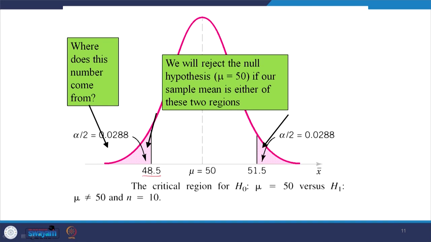What is the probability of the sample mean to lie below 48.5, plus the probability of the sample mean to lie above 51.5? When you add that, the corresponding probability is nothing but your type 1 error. You see that we got alpha by 2 as 0.0288.